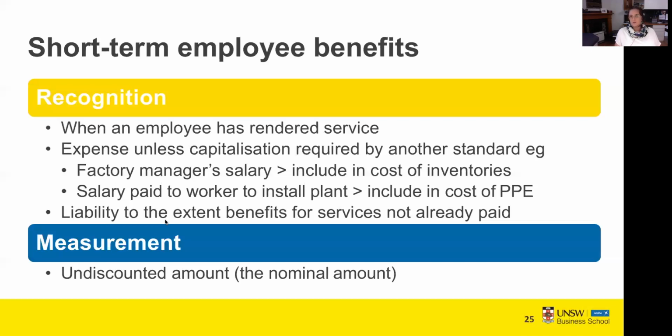Sometimes we could be crediting cash if we're making the payment straight away. Otherwise, it gives rise to a liability for a future payment that has to be made to the employees. Because short-term employee benefits are payable within 12 months, we recognise them at their nominal value. So they're not subject to discounting, but they're recognised as a liability at their nominal amount.